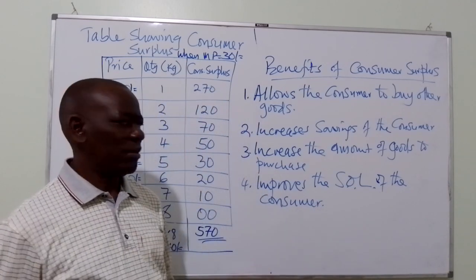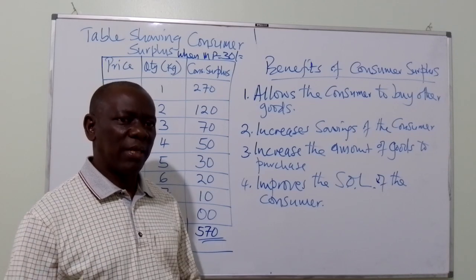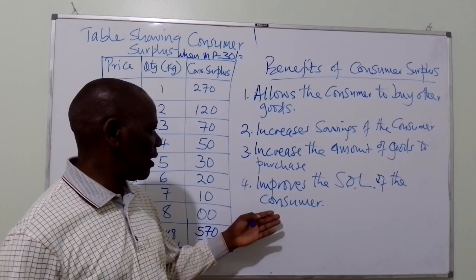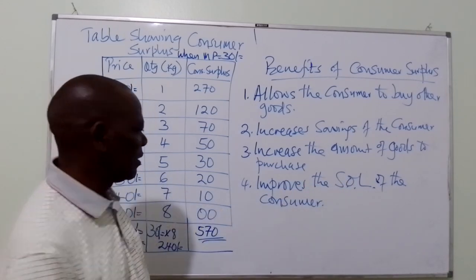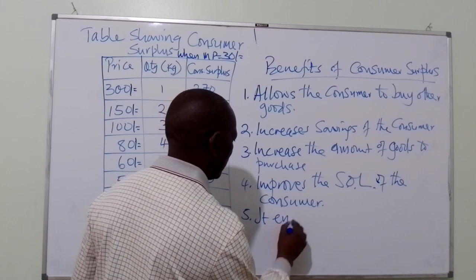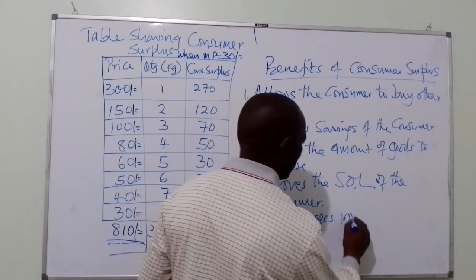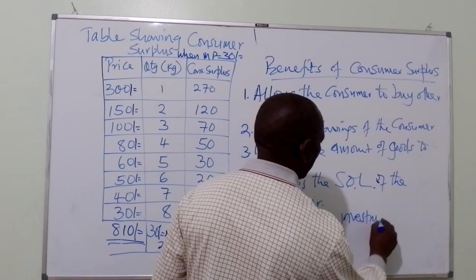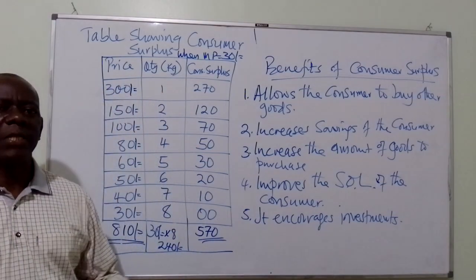Because he has bought varieties, he can now improve the standard of living by purchasing various other commodities. Number 5, it encourages investments.